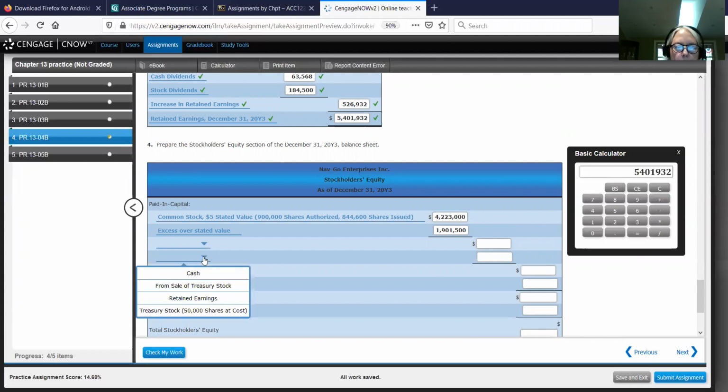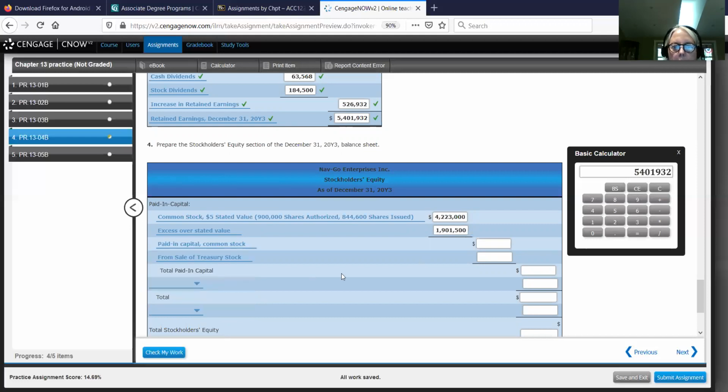And that's going to go on this line right here. So this line right here is a subtotal. We're going to total the paid-in capital on the common stock.